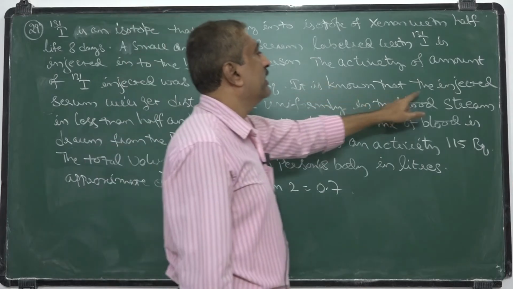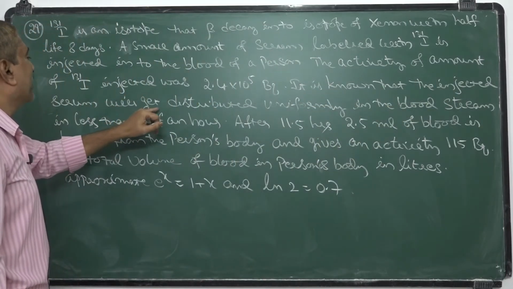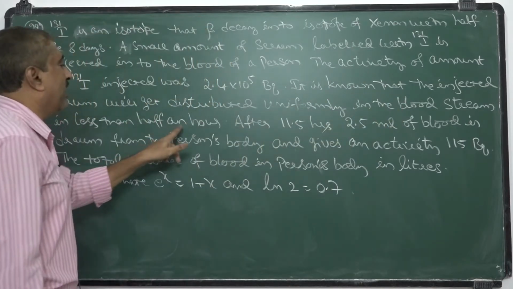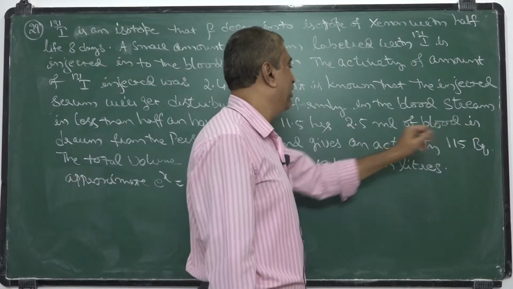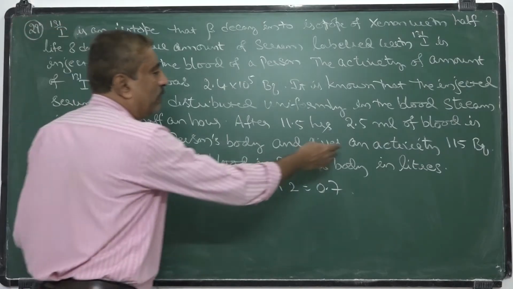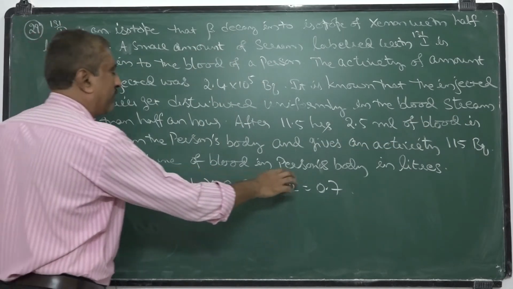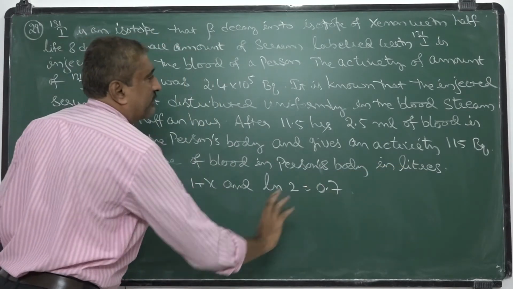It is known that the injected serum will get distributed uniformly in the bloodstream in less than half an hour. After 11.5 hours, 2.5 ml of blood is drawn from the person's body and gives an activity of 115 becquerel. Then the total volume of blood in the person's body in liter, take these approximations.